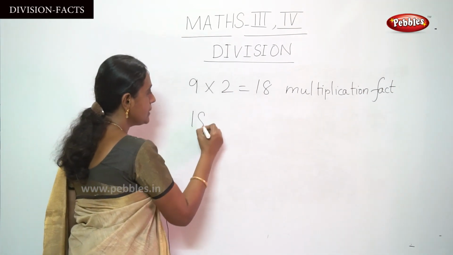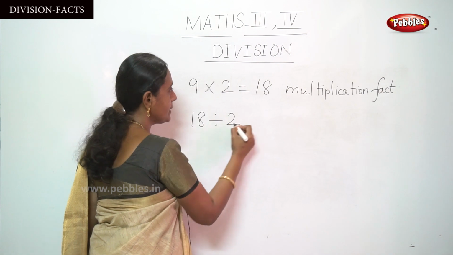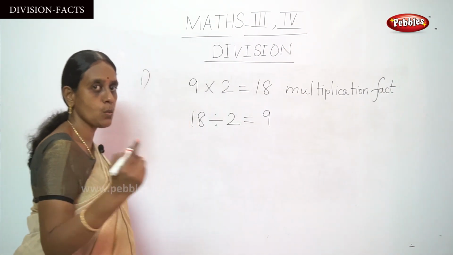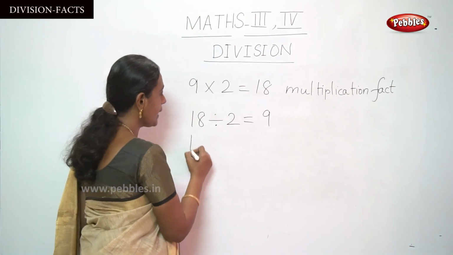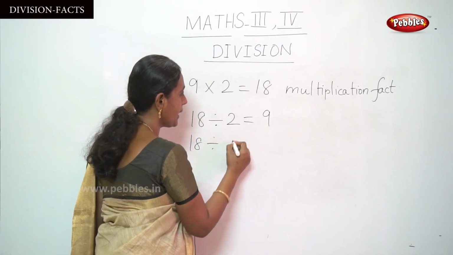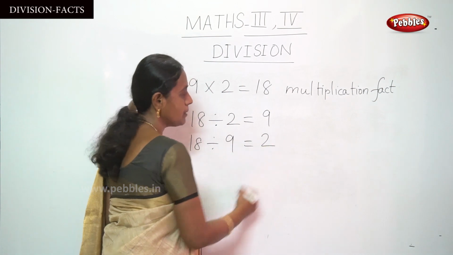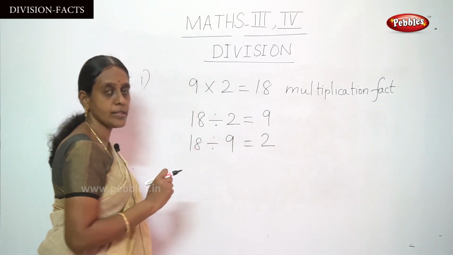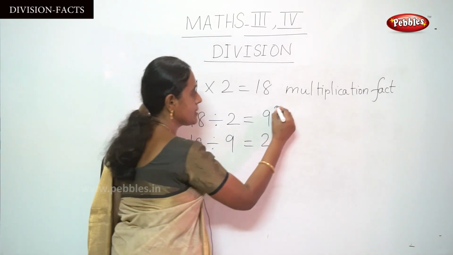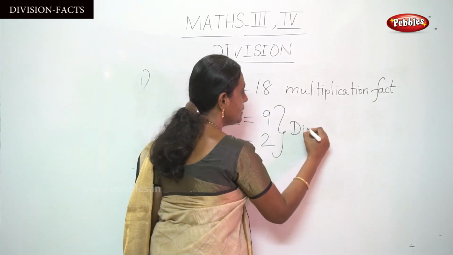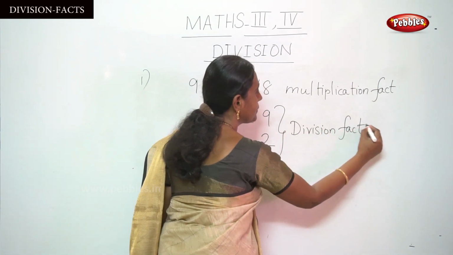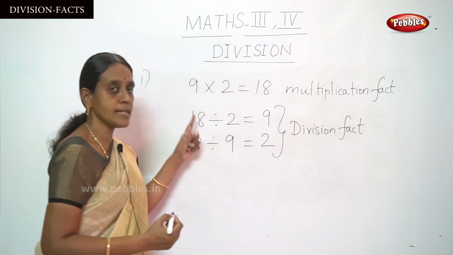So here, that is 18 divided by 2 equal to 9. This is one division fact, and again 18 divided by 9, the answer will be 2. So these two examples are the division facts. Okay children, do you understand this?